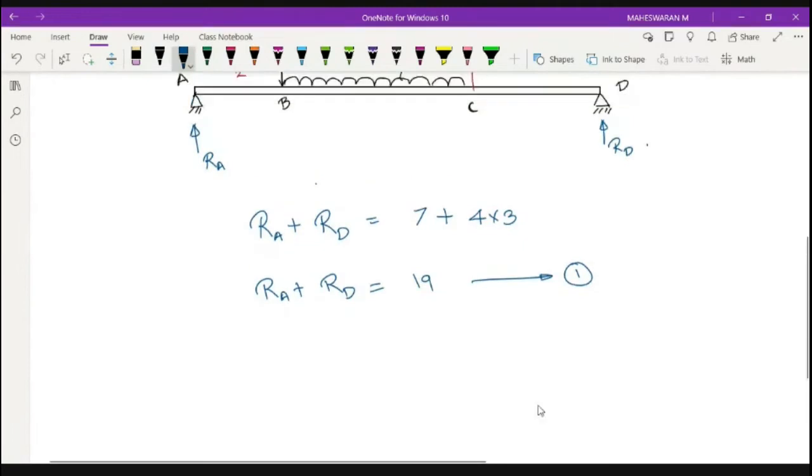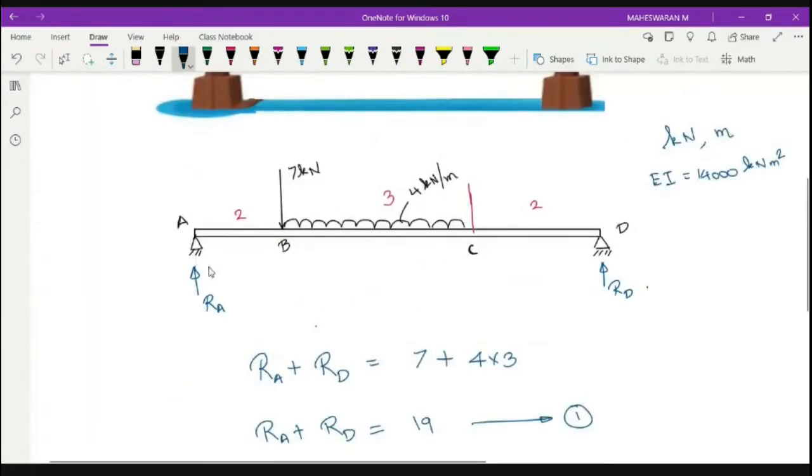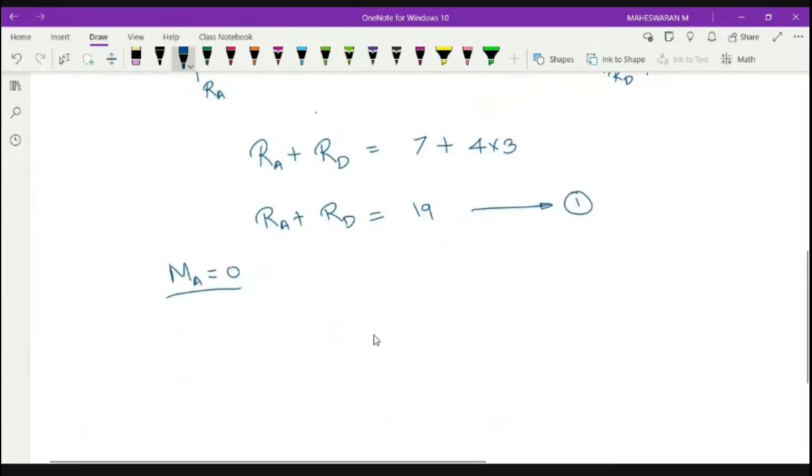Now let me take moment at A and equate it to 0. When I take moment at A, the force RA doesn't have any distance, so 0. RD has a distance of 7 meters, so force into perpendicular distance: RD into 7.